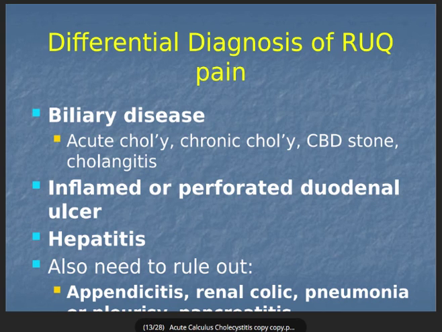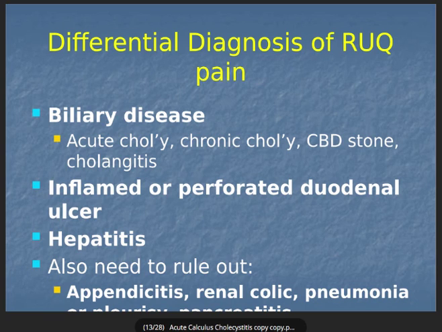The second important differential is hepatitis. Hepatitis is very common in our part of the world, and it presents with pain in the right upper quadrant. They will have tenderness from the inflammation, but the inflammation is in the liver, not in the skin. They will not have Murphy's sign of course, because the liver won't reach down and touch unless there is hepatomegaly.